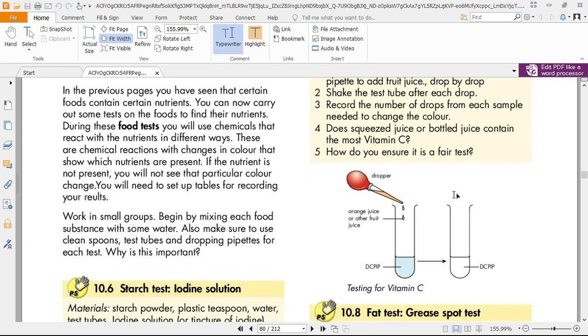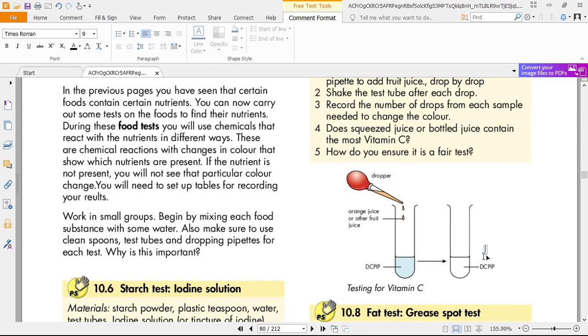Now I'm going to type it right here for you. Let's see if it comes up. Is this color change cloudy white or transparent?